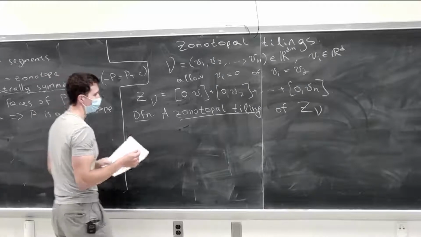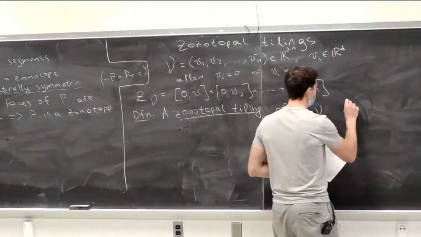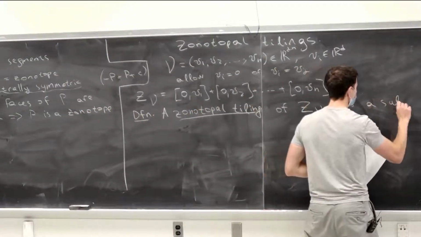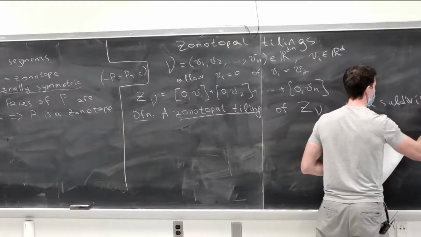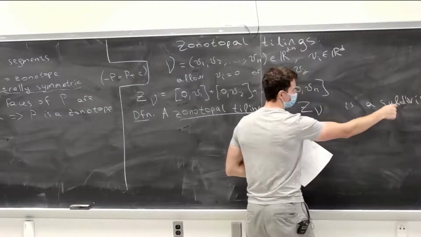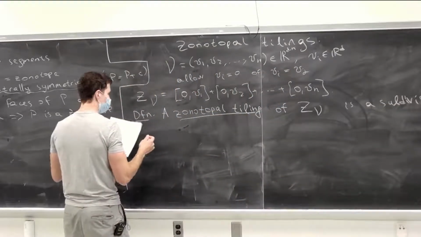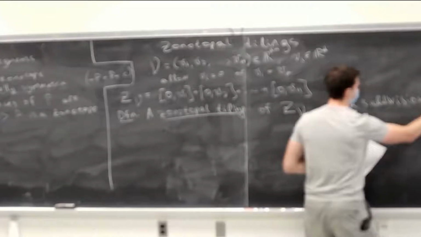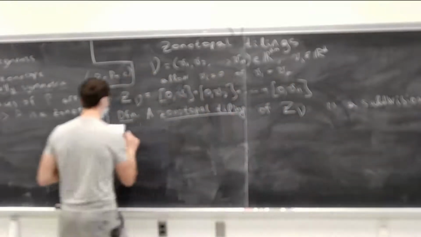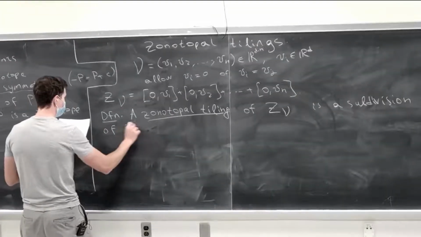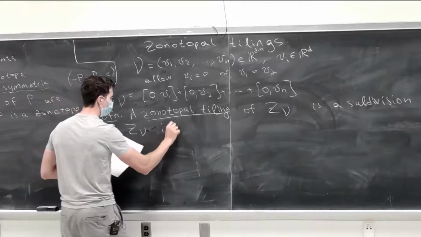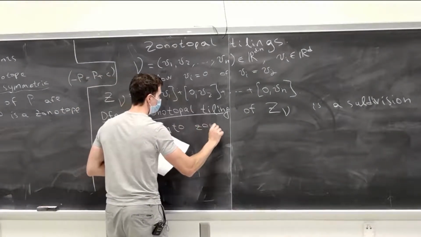So a zonotopal tiling of Z_V is a subdivision, which, remember, this word already has several conditions inside of it. A subdivision C of your zonotope into smaller zonotopes.